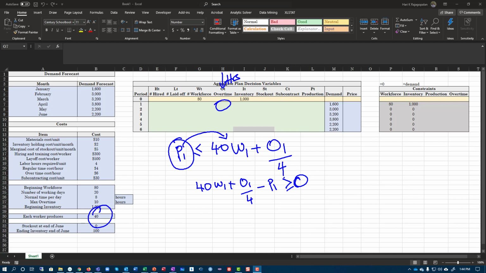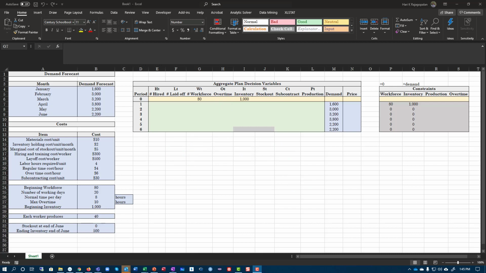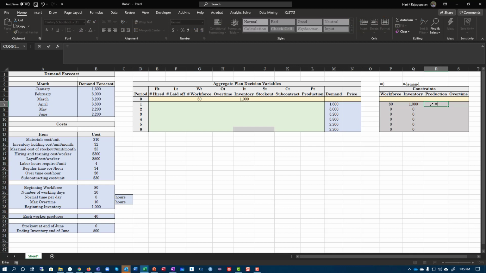Okay, let's clear this and put 40. Now remember, if you're going to copy this down, you need to press the F4 key to get these dollar signs. It's very important that you do that. Multiplied by your W1 right here, plus O1 divided by 4.